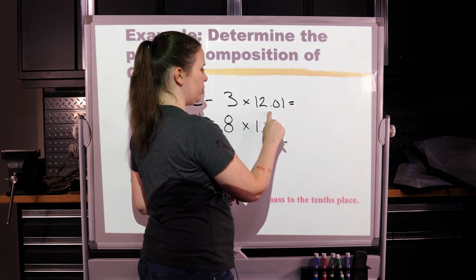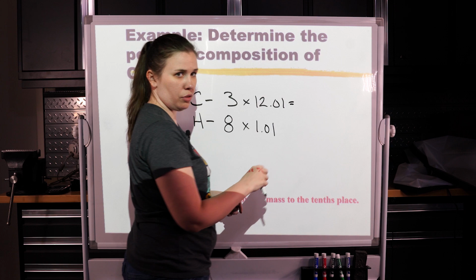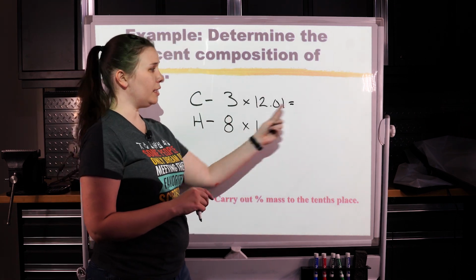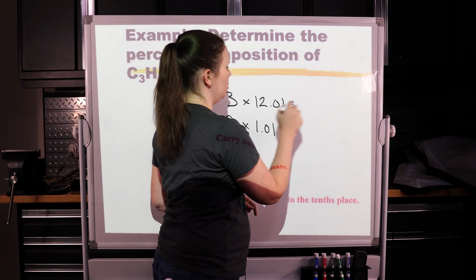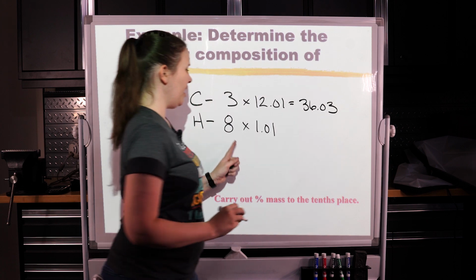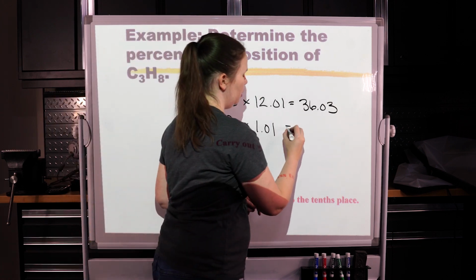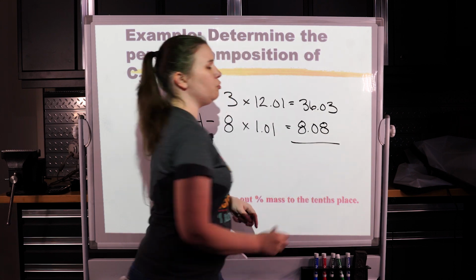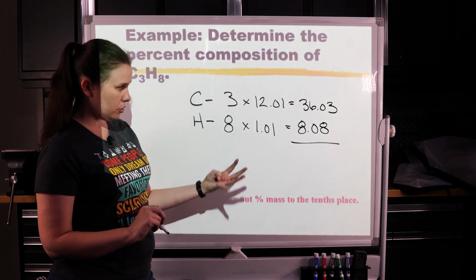Then I'm going to multiply, and I need these subtotals. When we were doing molar mass, it didn't really matter how you were adding this up. This time we need the subtotals. So 3 times 12.01 is 36.03, and 8 times 1.01 is 8.08. You do still want to add them up. We need the total mass.